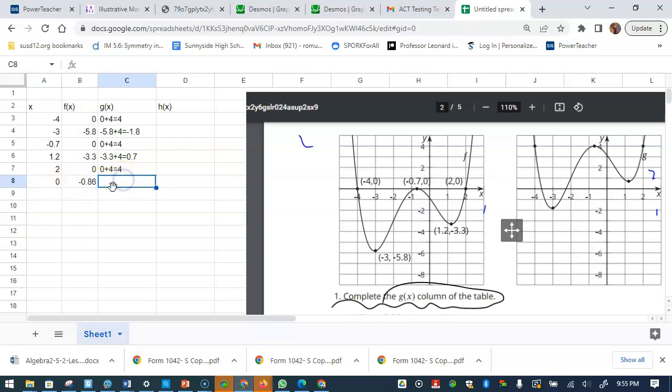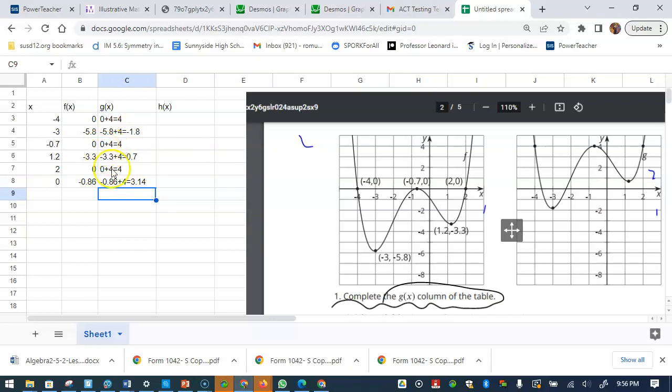So what do you think gx is? Here it very clearly shows this point is negative 0.86. So what is g of 0? So all you do is you put negative 0.86 and you add plus 4, and that will give you the answer as 3.14. You can check with the calculator. There you go. So this is how you find that answer.